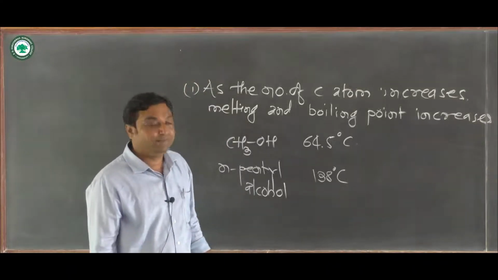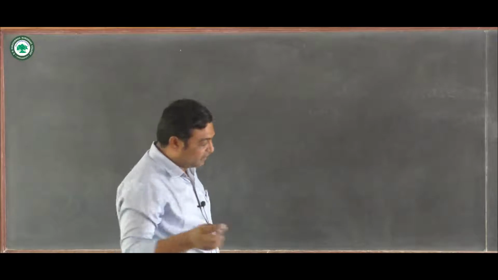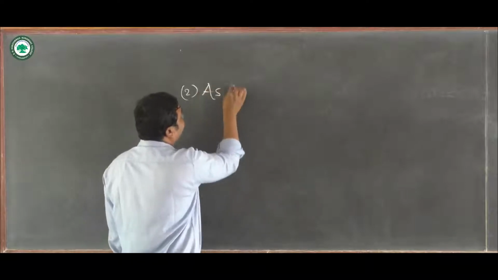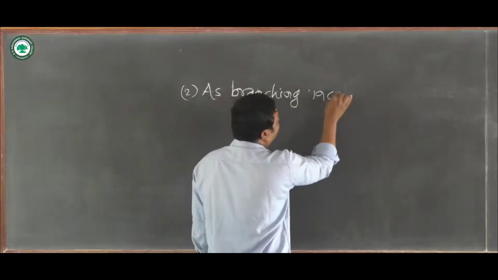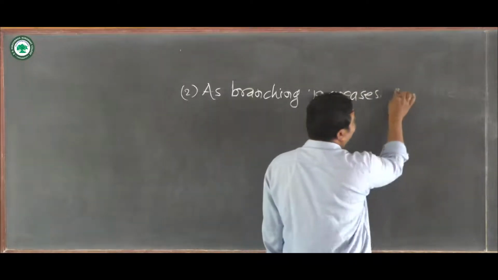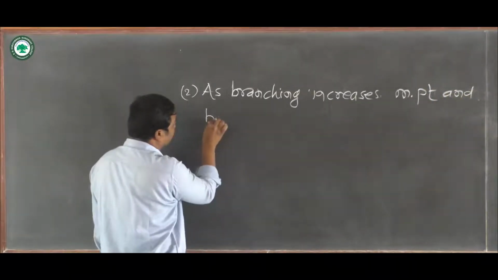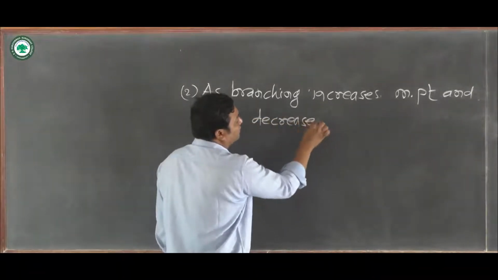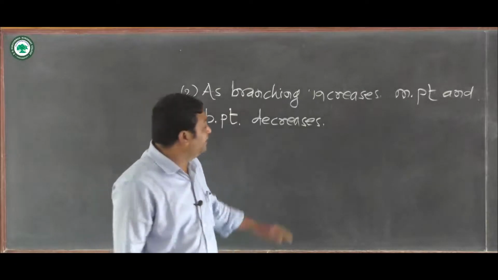Now the second property is that as branching increases, melting and boiling point decreases.